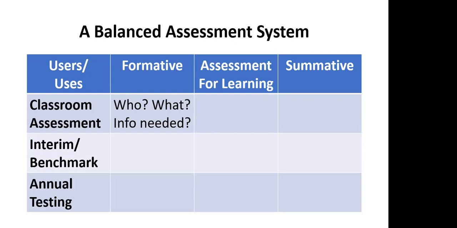Teachers need to know, from a feedback point of view, what comes next in my student learning so I can plan instruction to meet those needs. Look particularly at the assessment for learning cell at the classroom level, where students work with their teachers to make sure that students know what comes next in my learning.